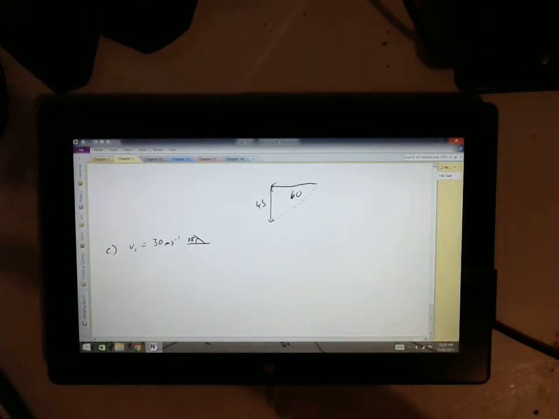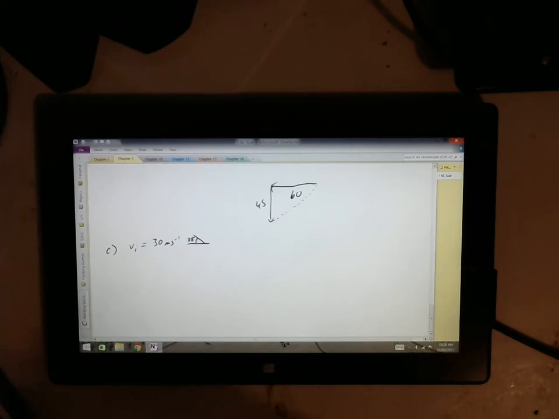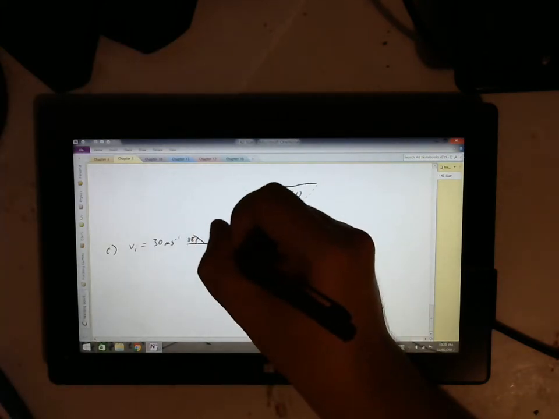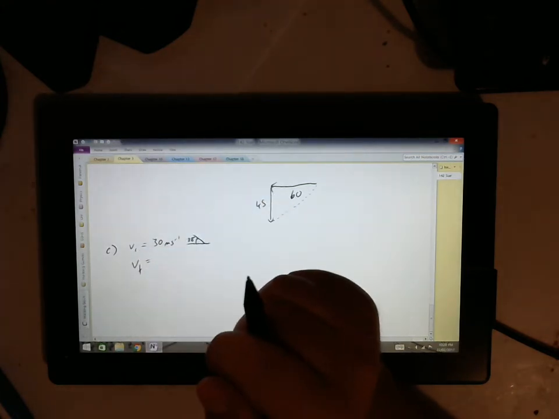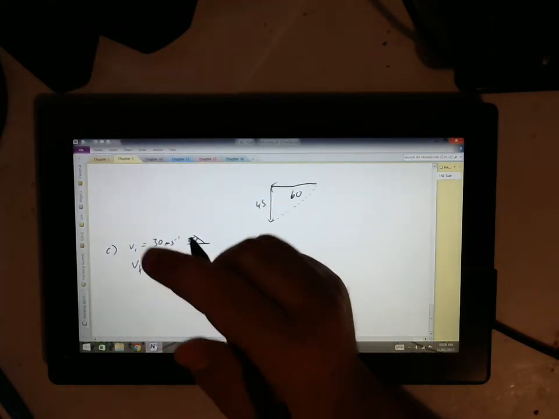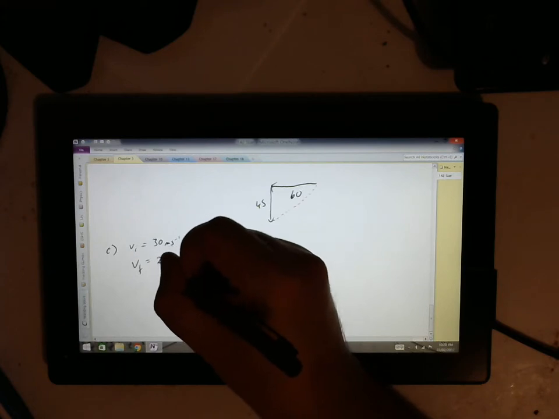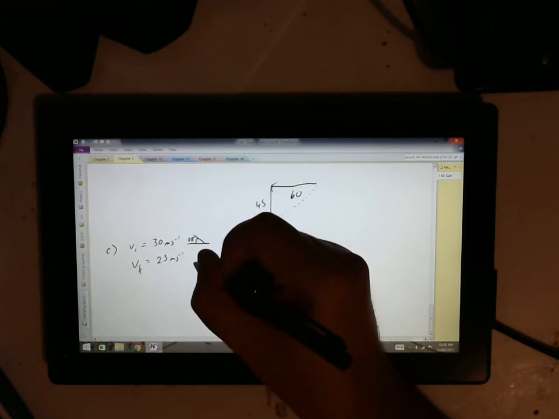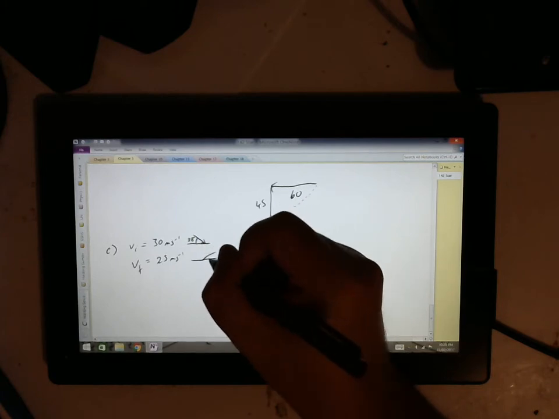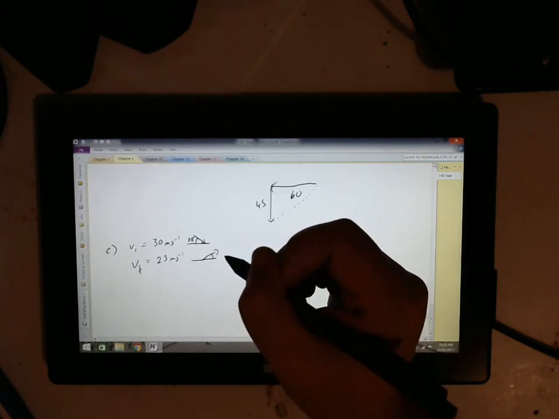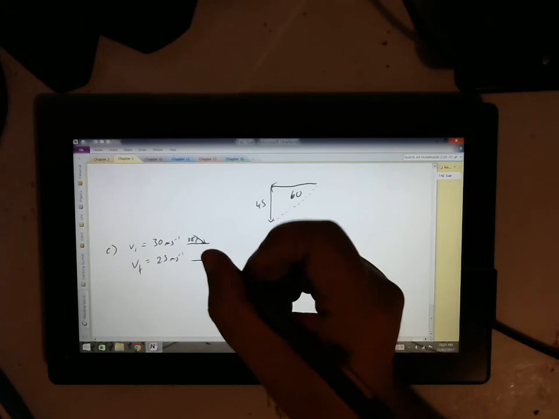I could say 28 degrees to the horizontal, or go all the way from positive horizontal. It's just kind of annoying, so let's just draw it. Its final is 25 meters per second, with an arrow on there because that's the direction, and the direction will be 35 degrees.